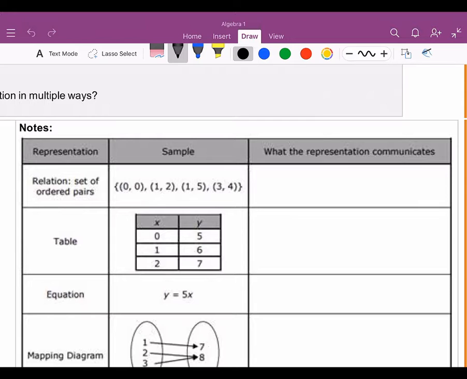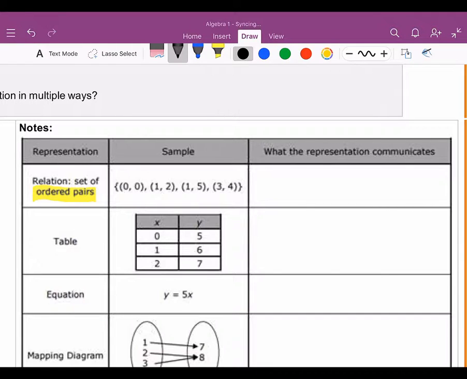So if you look at the first representation, it's listed as a set of ordered pairs. So let's highlight that. Ordered pairs, okay? Ordered pairs are just your points, your coordinates, all in a list. They're pairs of numbers, your x, your y. I give you a sample here. What does that representation communicate?